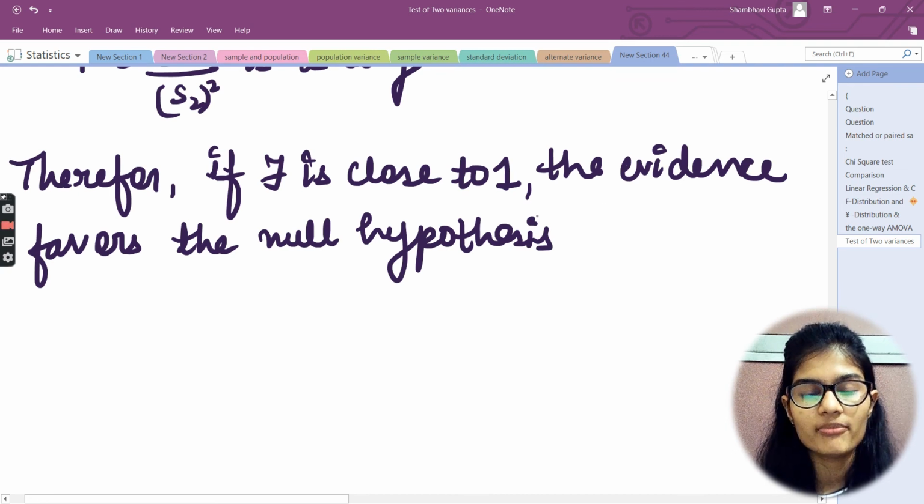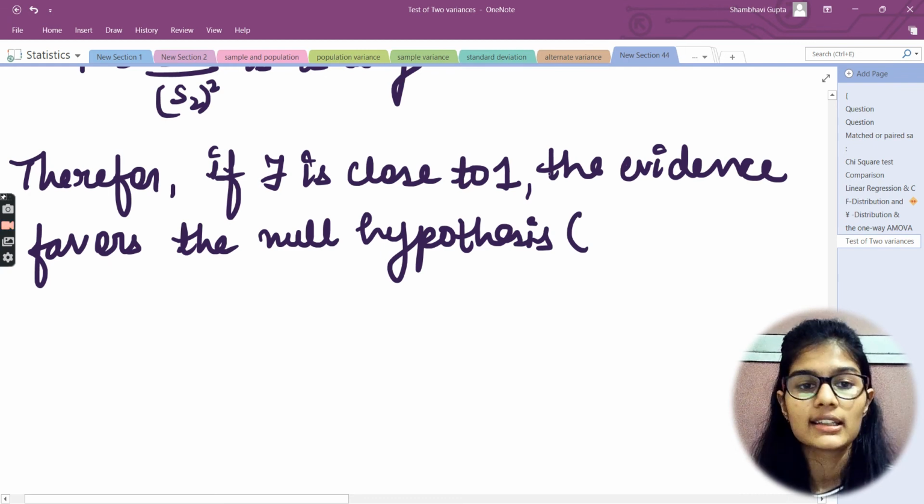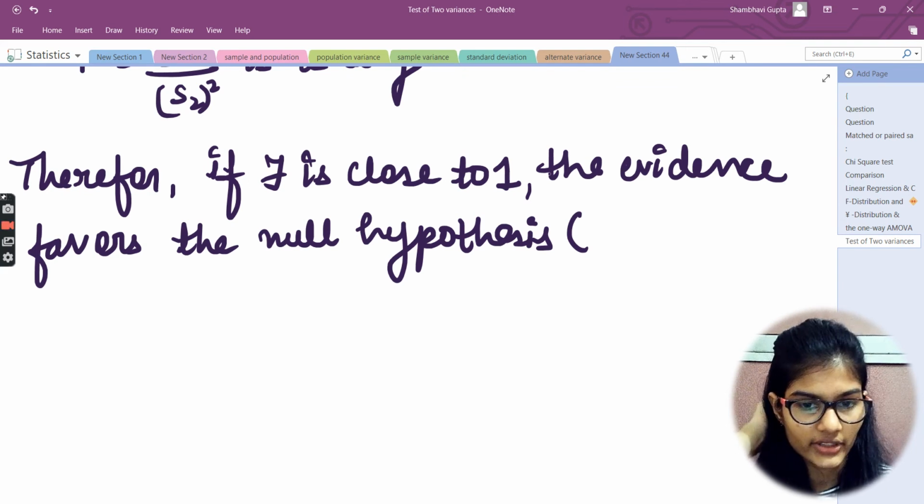But if F is much larger than 1, then the evidence is against the null hypothesis.